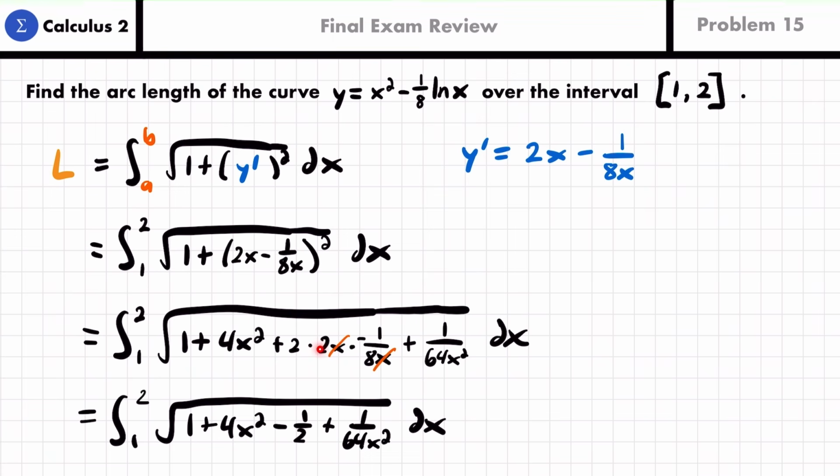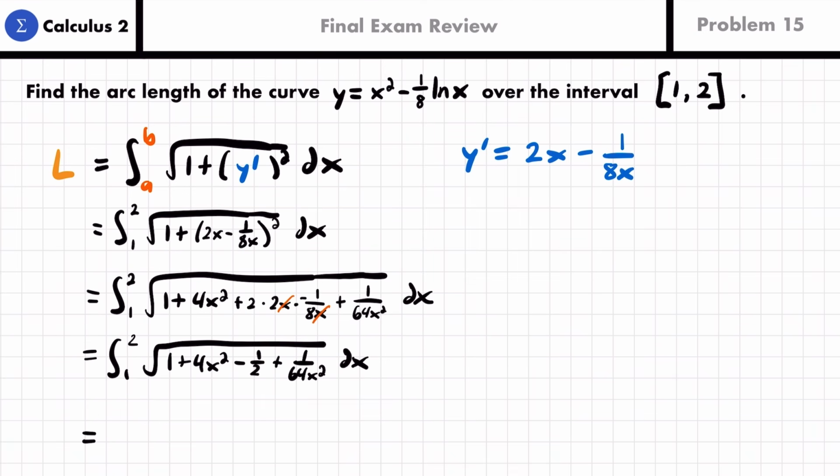And then 2 times 2 is 4, divided by 8 gives you 1/2. So this whole term is just negative 1/2. All right, and then we can combine like terms here. We have negative 1/2 and positive 1. 1 plus negative 1/2 is positive 1/2. So if we combine them, we will get the integral from 1 to 2 of the square root of 4x squared plus 1/2 plus 1 divided by 64x squared dx.